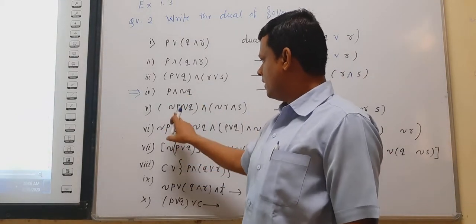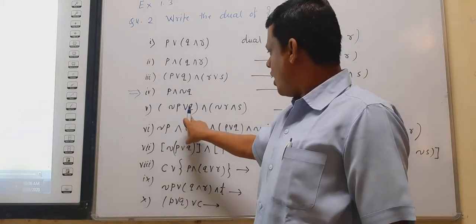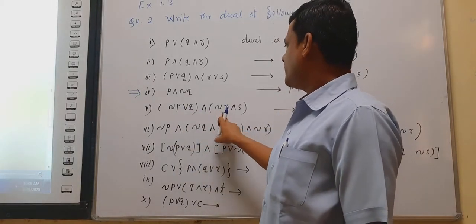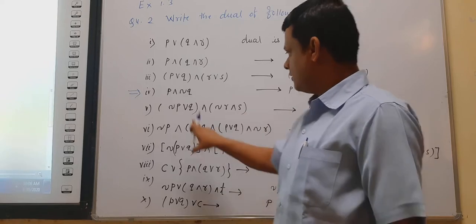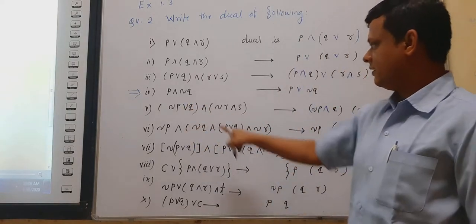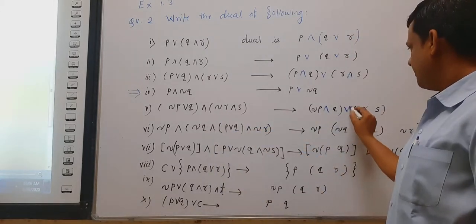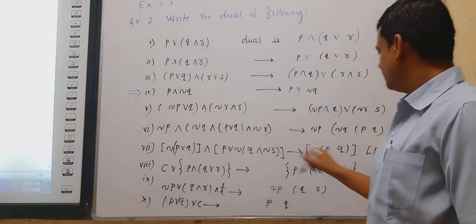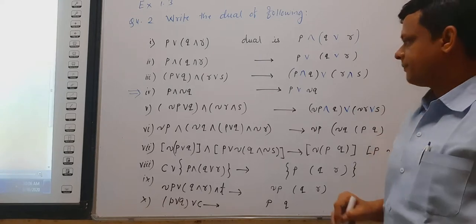Fifth example, negation of P or Q and negation of R and S. Replace this or by and, this and by or, and this and by or.